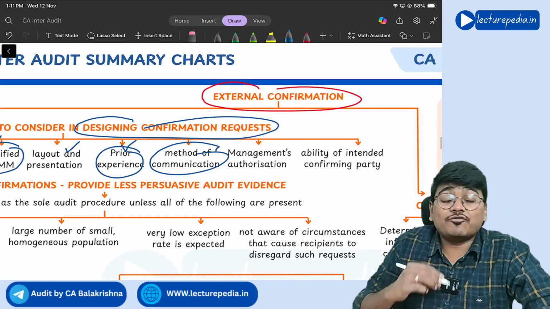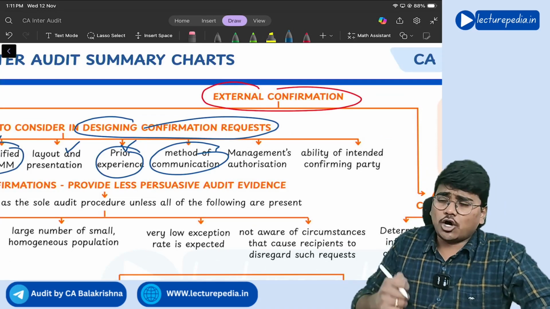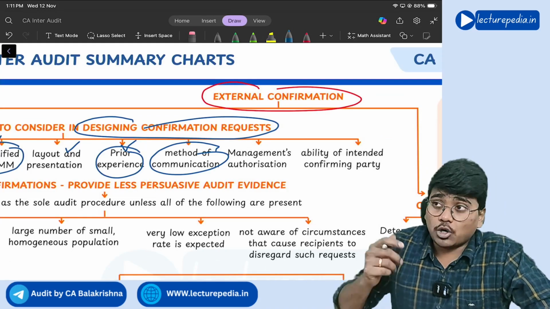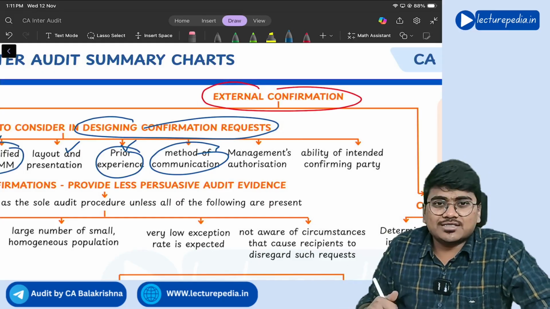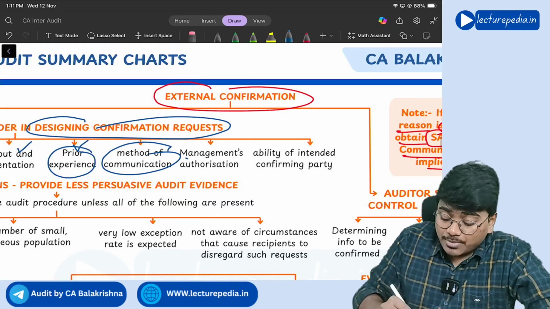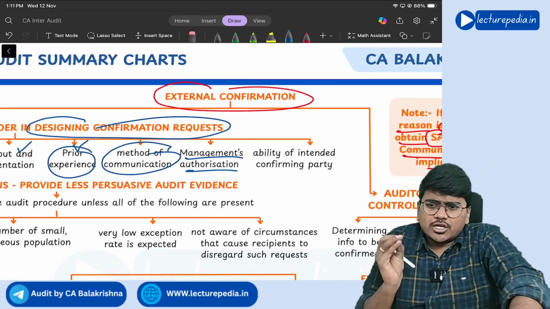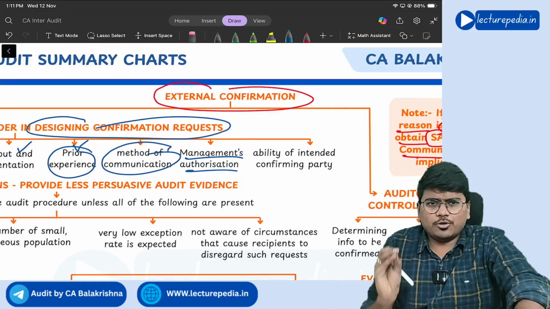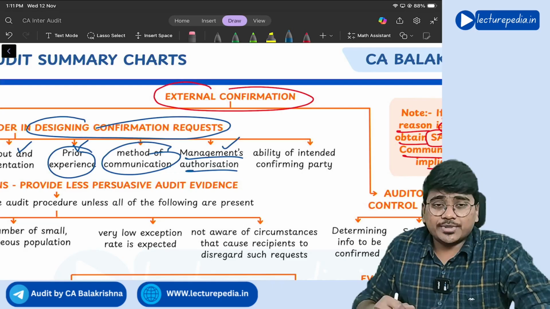Next, method of communication. Method of communication means how you are communicating. Are you sending the request through mail or through the post? That also you need to consider for designing the confirmation request. Next, management's authorization. Is management willing to give you the authorization to send external confirmation? You need to see that also.